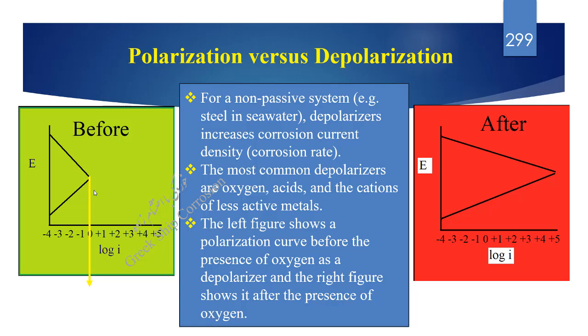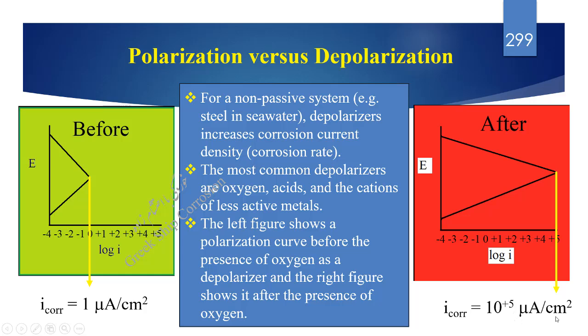Before the presence of oxygen, the corrosion current density is approximately equal to 1 microampere per square centimeter. After the presence of oxygen, the corrosion current density increases to the value of 10^5 microamperes per square centimeter.